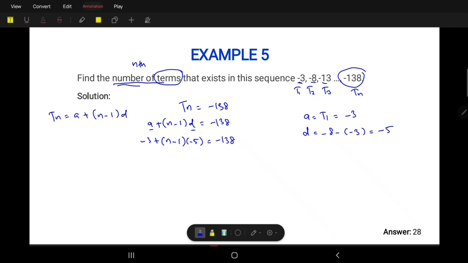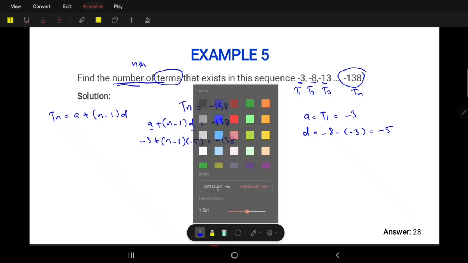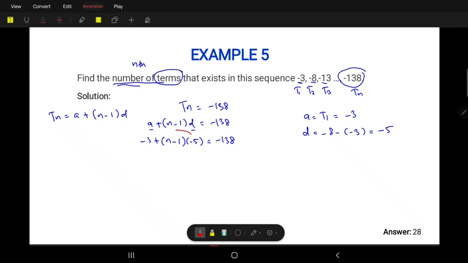And then yang ni kita kena kembangkan dia, expandkan dia yang ni. Alright, so negative 3, negative 5 times n, you will get negative 5n.